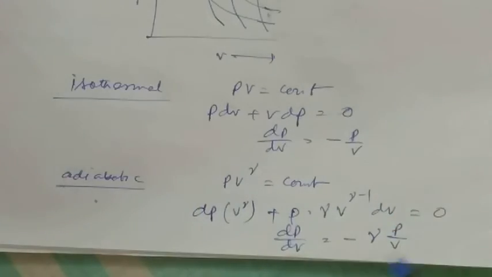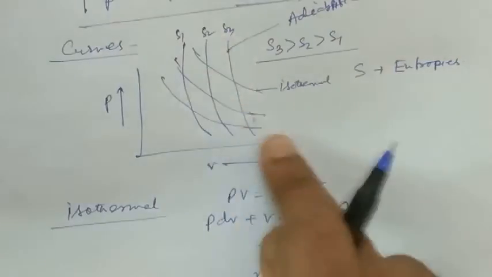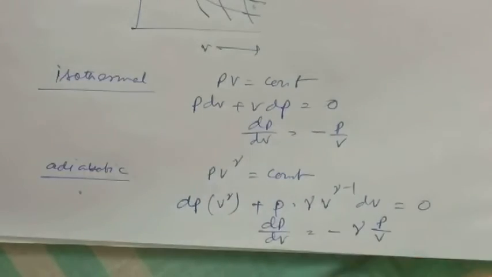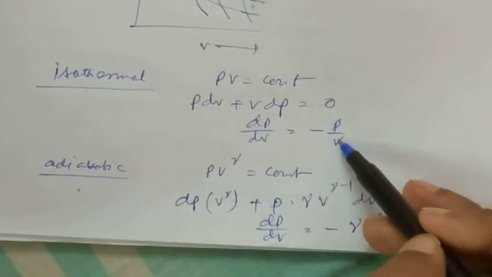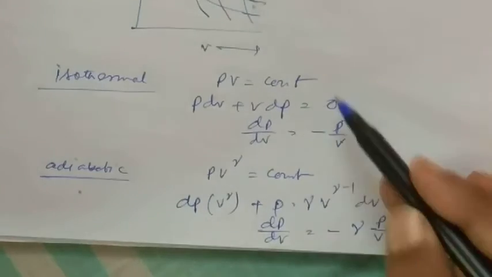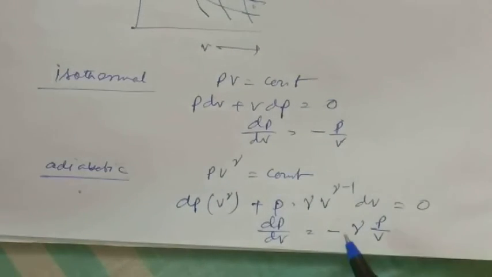Now the minus sign indicates that the graph will be sloping downwards as we move away from the axis. The terms minus and P by V are common to both, but here there is a multiplier gamma.